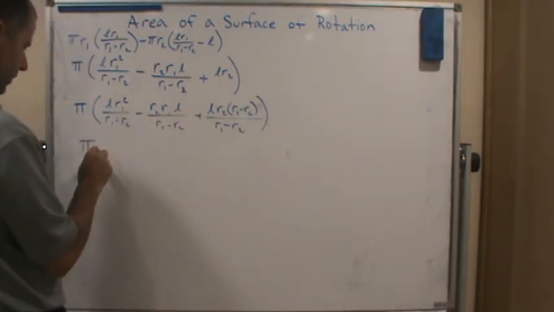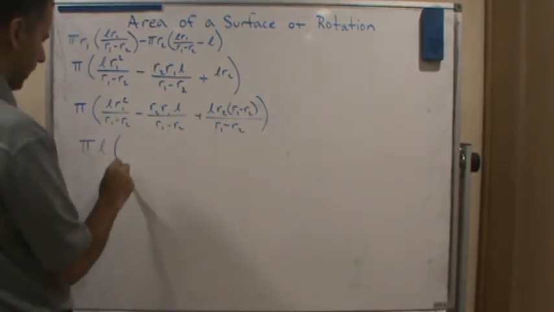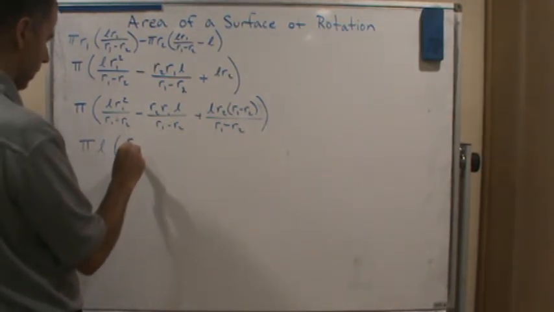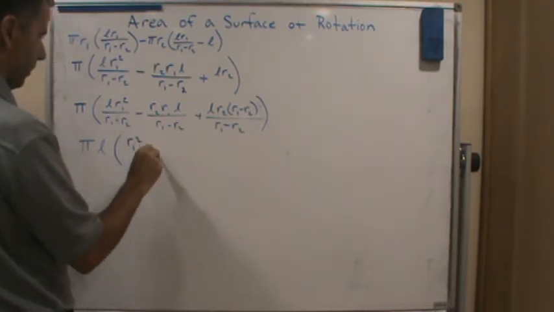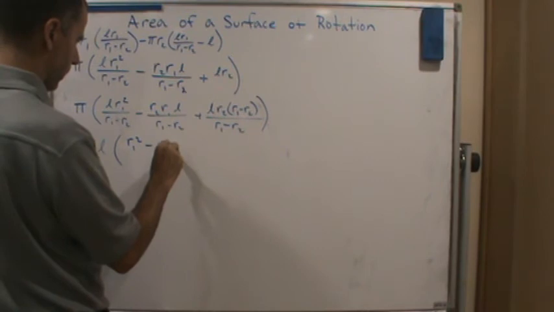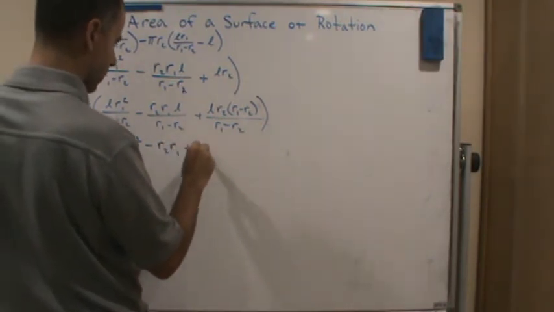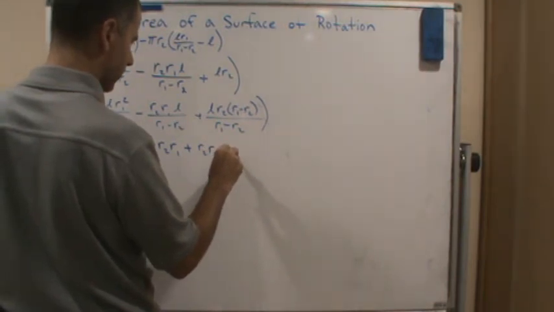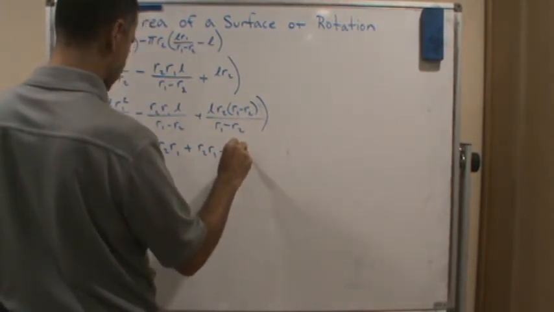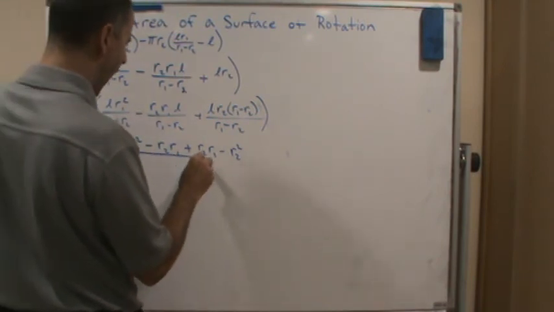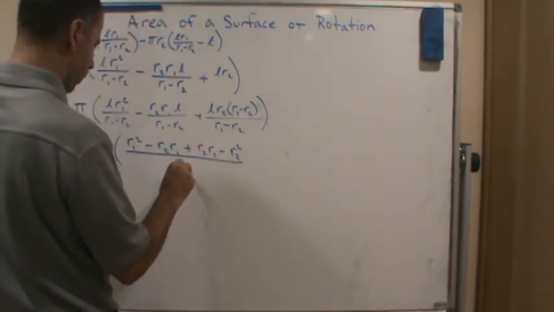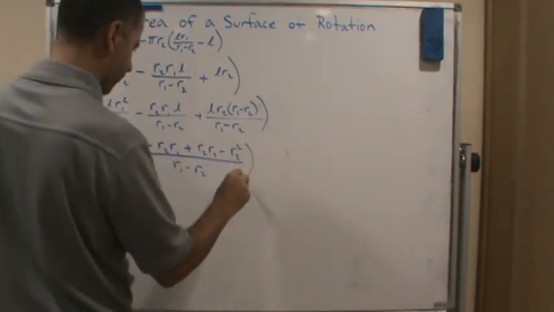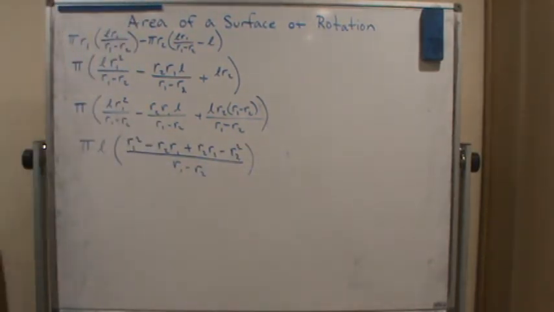I can factor out the L too, so let's factor out the L. And so now I get R1 squared minus R2 R1 plus R2 R1 minus R2 squared over R1 minus R2. Okay? Now again, the textbook, if you look at different textbooks, you can write it differently.